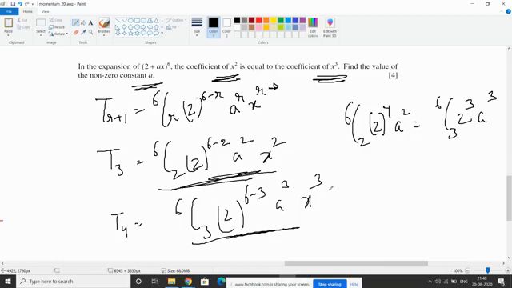6C2 is 15. 15 multiplied 2 to the power 4 a square. What is 6C3? 6C3 is 20. 20 times 2 to the power cube a cube.